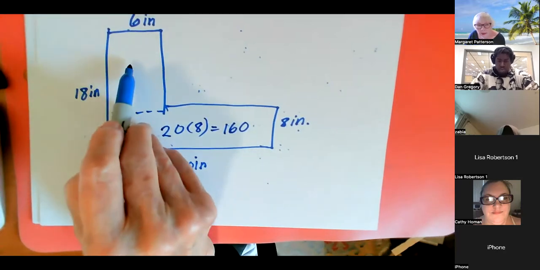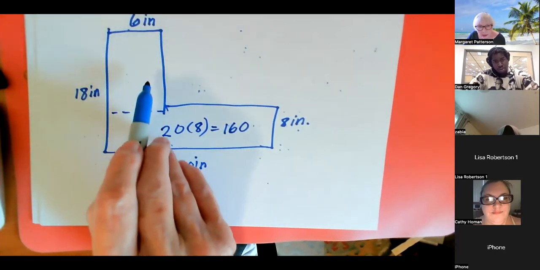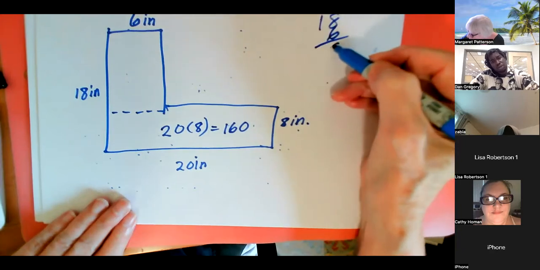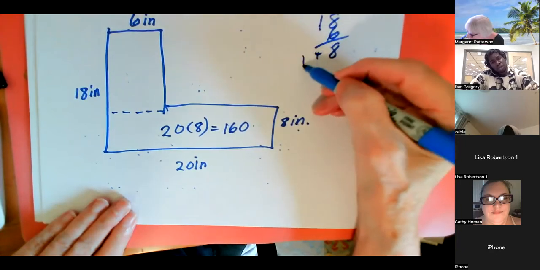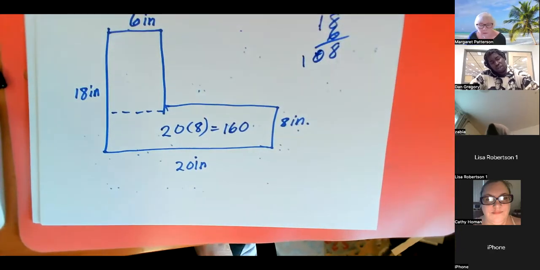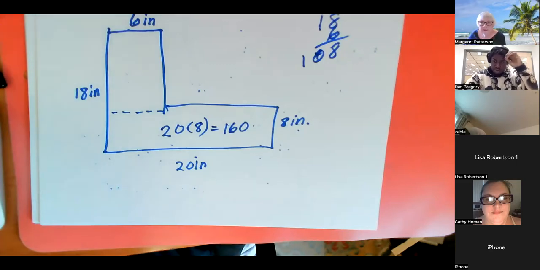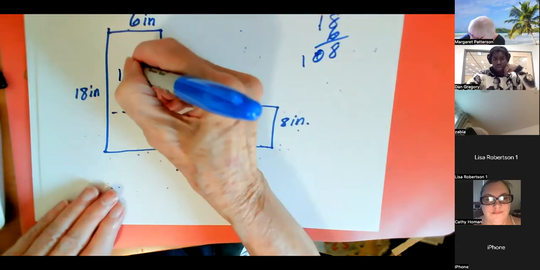How about this one? So you just look at this top piece. So this is 18 times 6. Well, I got 108. If I make a mistake, just tell me right away. So this is 108.